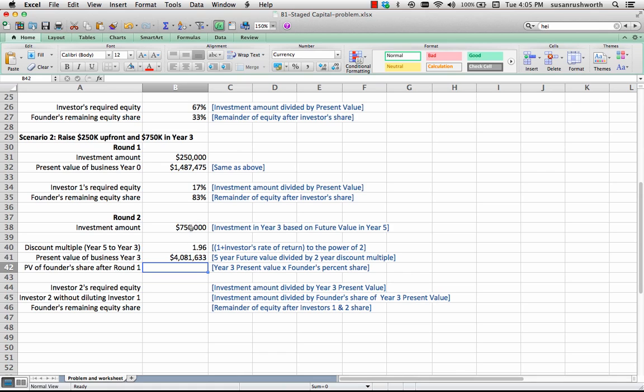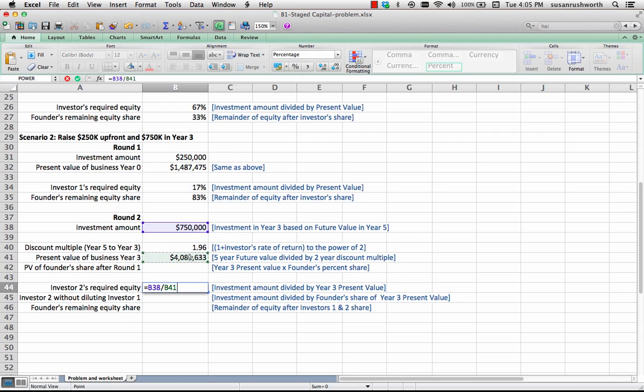So, what percentage of just over $4 million does the 750,000 investment in round 2 represent? It's a simple division. 750,000 divided by the present value in year 3, 18%. So what investor 2 is doing is investing in year 3 dollars based on the present value of the business in year 3.